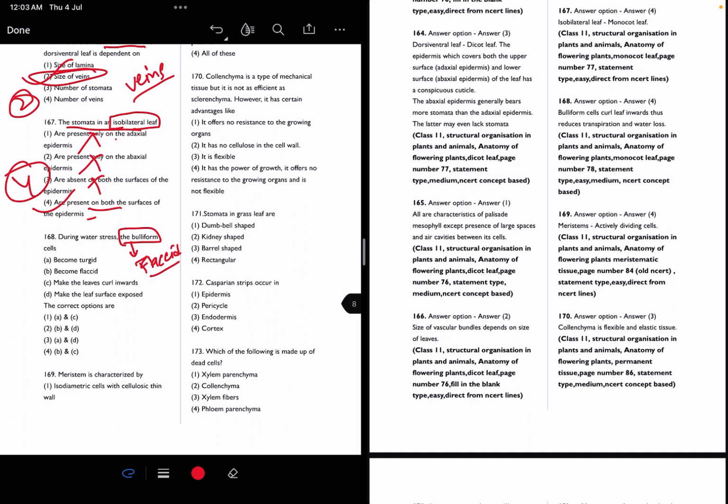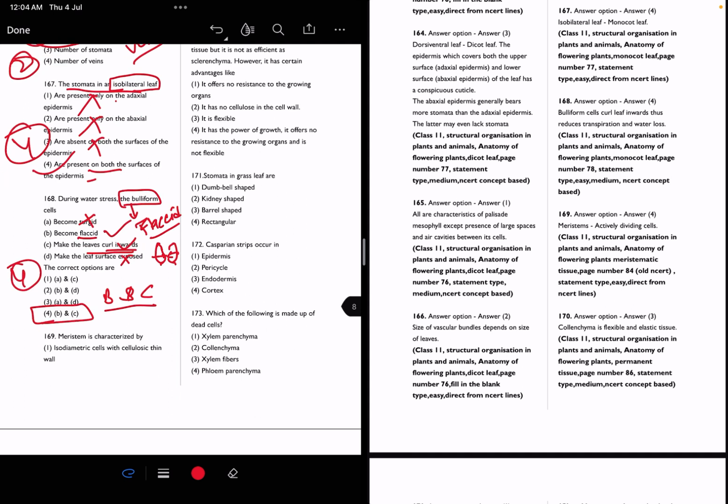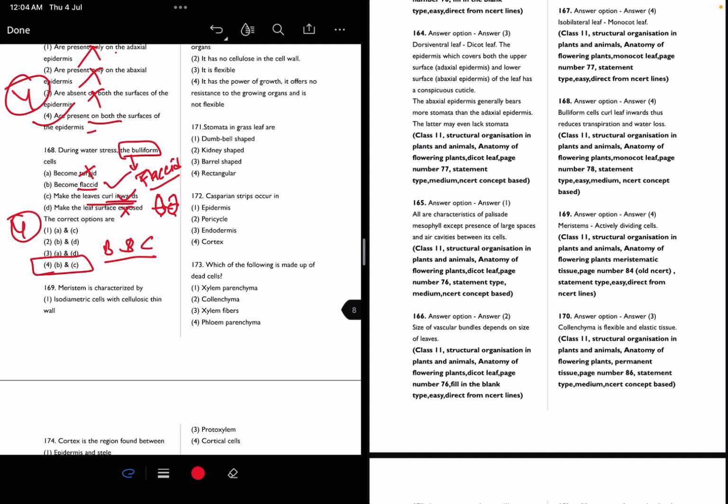So flaccidity of bulliform cells is the answer. It makes the leaf curl inwards; the main function of the bulliform cells is shrinkage of the leaves. Inward curling is also correct, not outward and not turgid. So the answer is B and C, which is option 4.